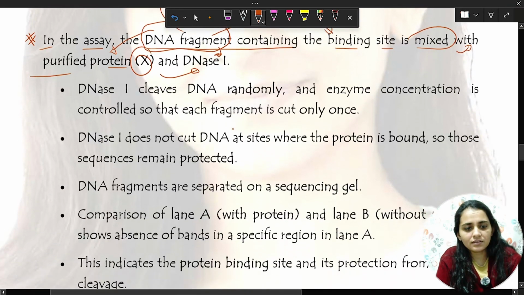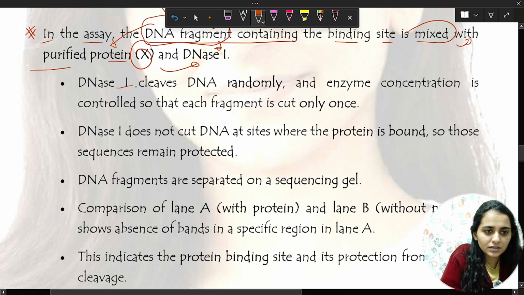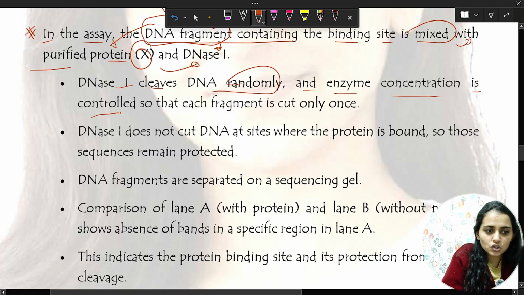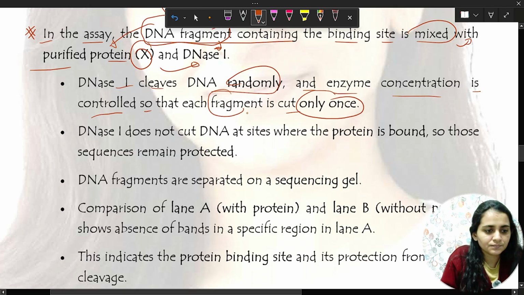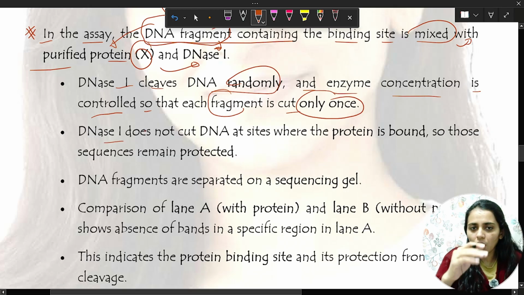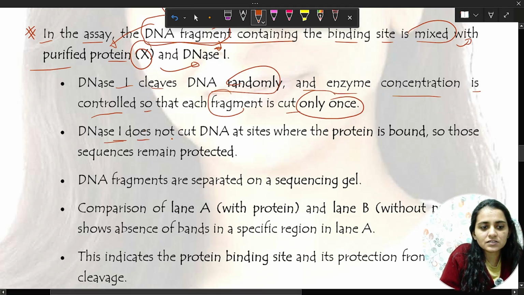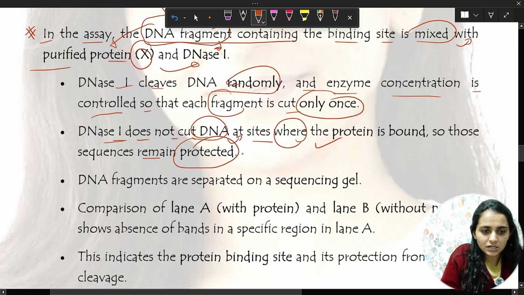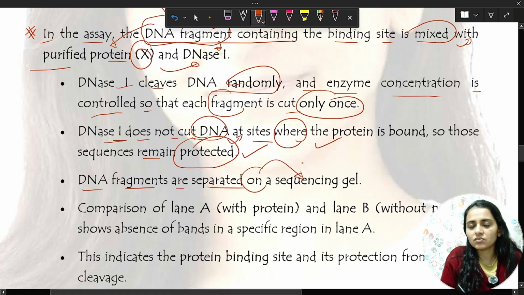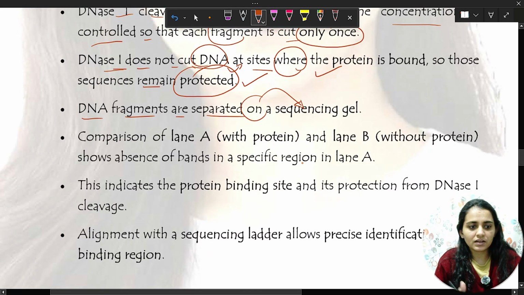DNase I cleaves DNA randomly and the enzyme concentration is controlled, so each fragment is cut only once. I am repeating this for simplicity: DNase I does not cut DNA at a site where protein is bound, so that site remains protected. DNA fragments are separated on the electrophoretic gel sequence-wise.